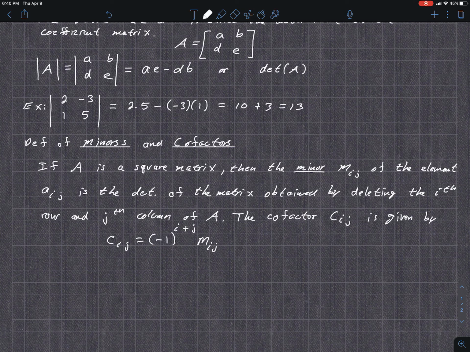So the cofactor allows you to put in that negative 1, and you basically add whatever row and column you're in.